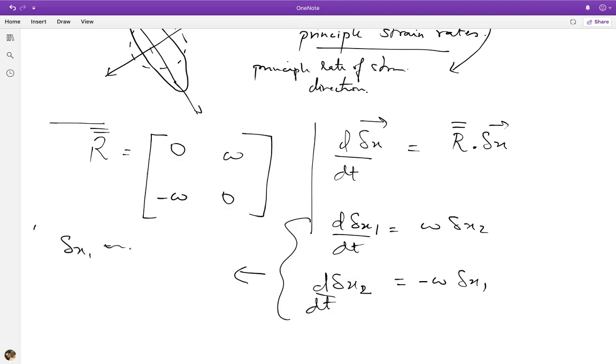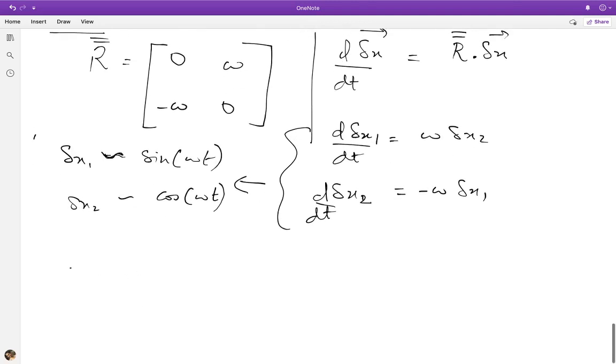That delta x1 must basically go as sine omega t. Delta x2 must behave as some multiplicative constant times sine omega t. For simplicity, we let that constant be unity. You can see that the derivative of this will give you minus delta x1.